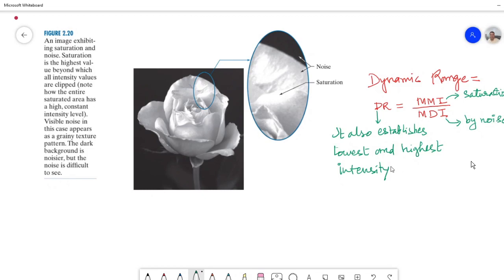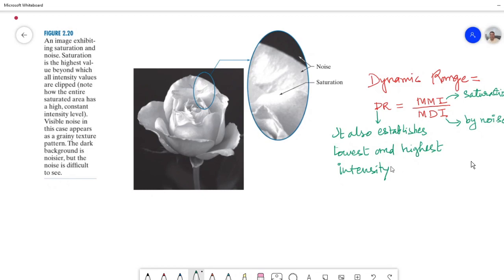Because we have some levels, 0 to 255, which makes 256 total levels. So more than 255, whatever the value we are getting, we clip it. Is that clear?